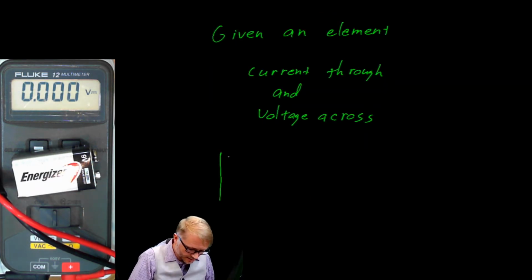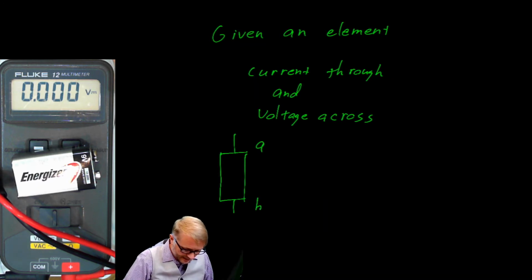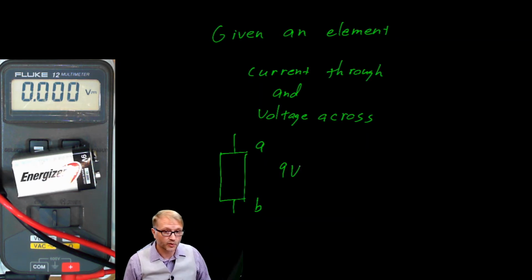So here is an element. We're going to label the points A and B, and we're going to say this is 9 volts.